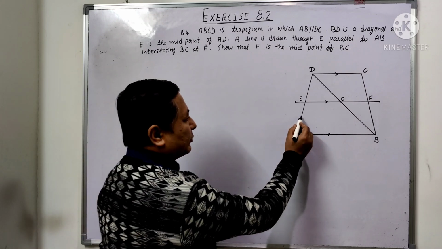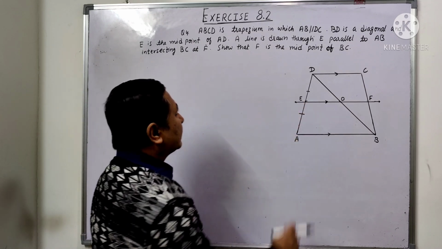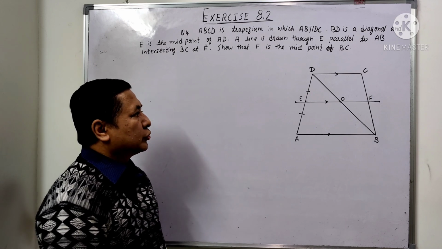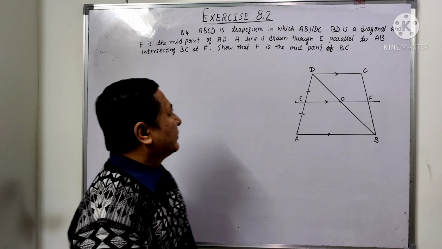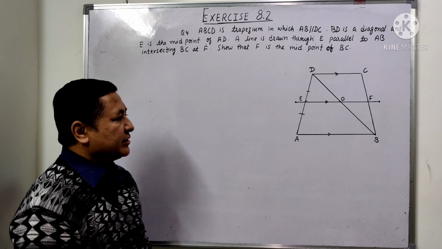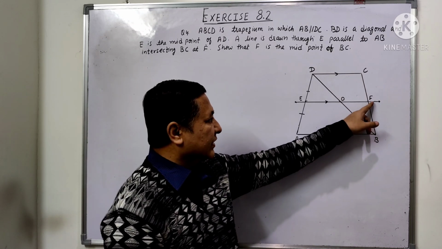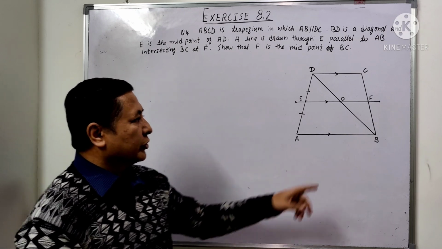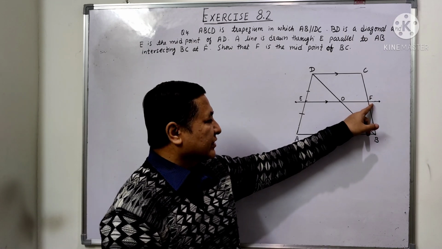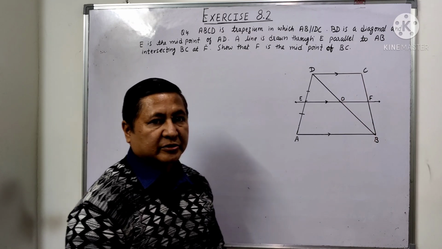A line is drawn through E which is parallel to AB, intersecting BC at F. We have to prove that F is the midpoint of BC.